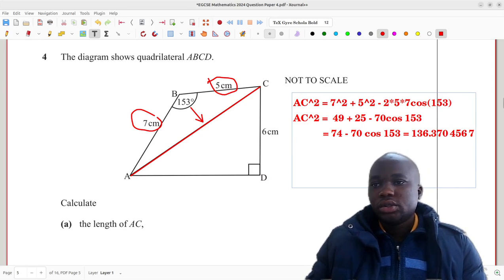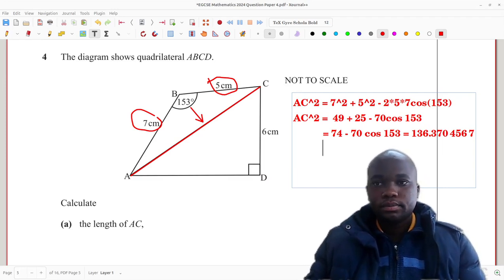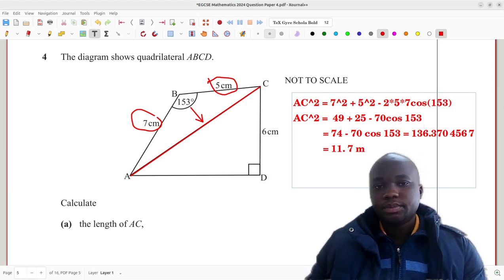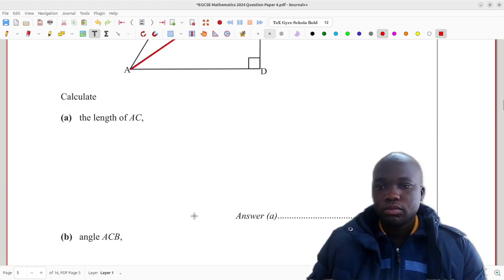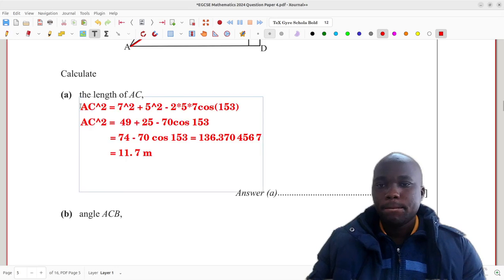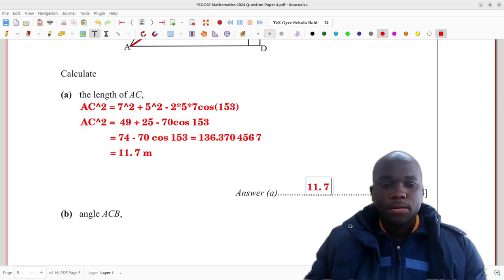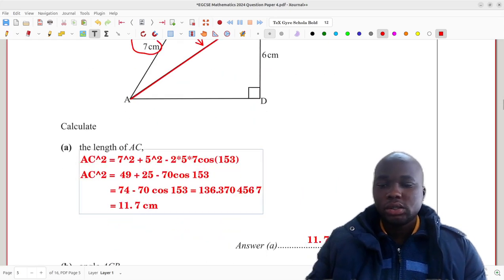The square root is going to give you 11.67 centimeters. Sorry, it's centimeters, not meters.